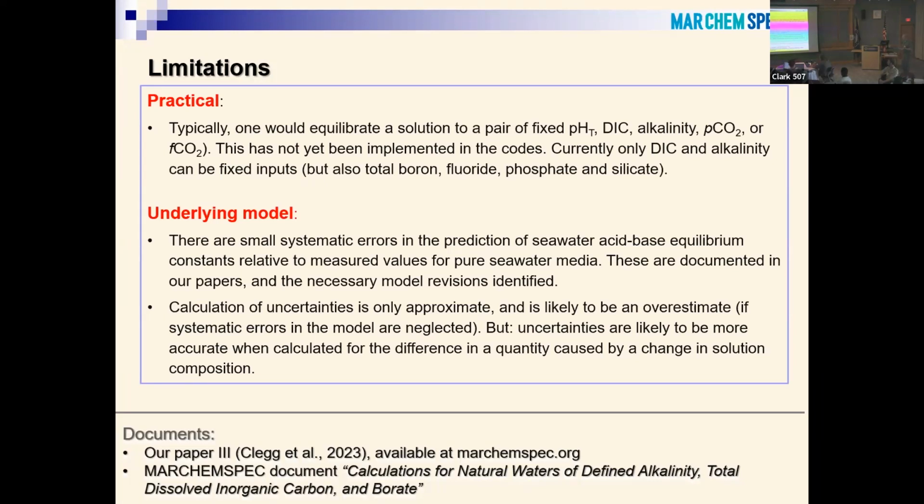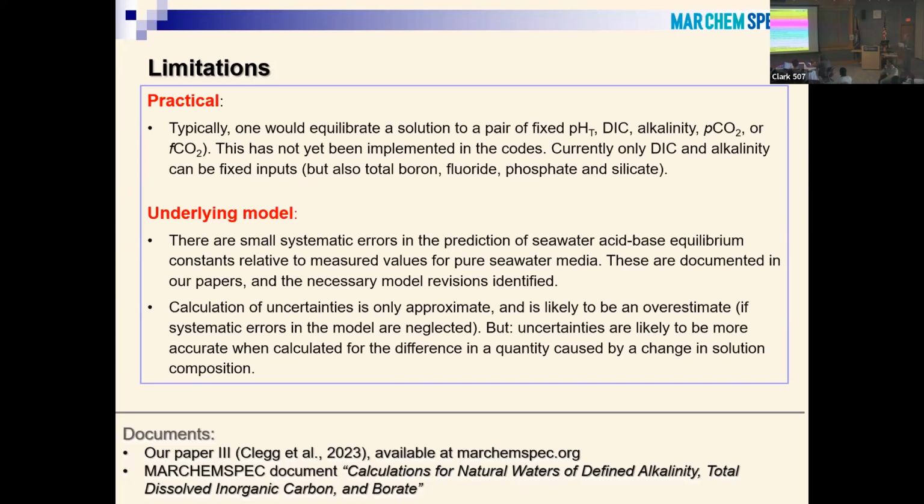And in the underlying model, there are some small systematic errors in the prediction of the seawater acid-base equilibria relative to those measured for pure seawater. These are documented quite exhaustively in our papers. And for many applications, I don't think they're going to be important. I think they're less significant for cases where you're calculating a change in a property between two media.